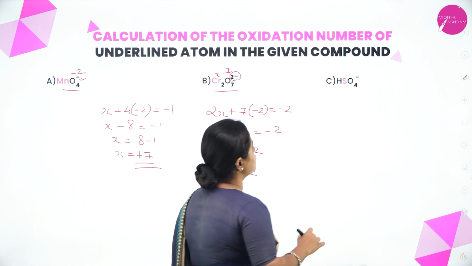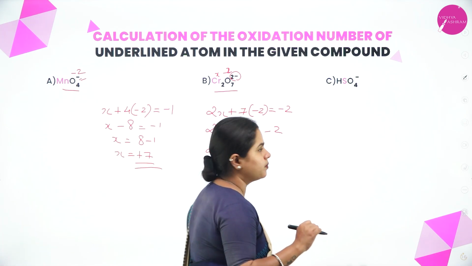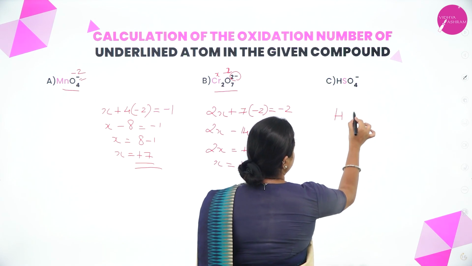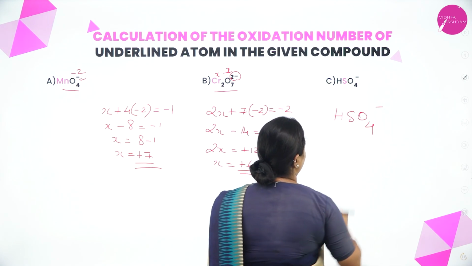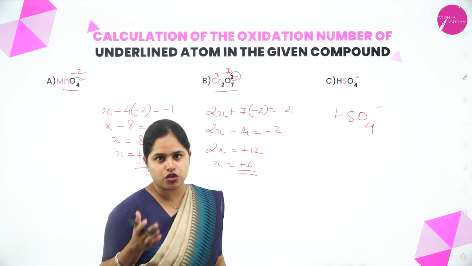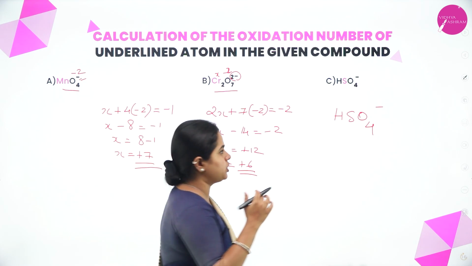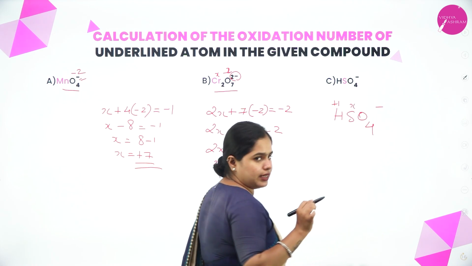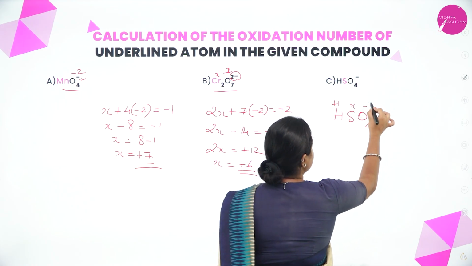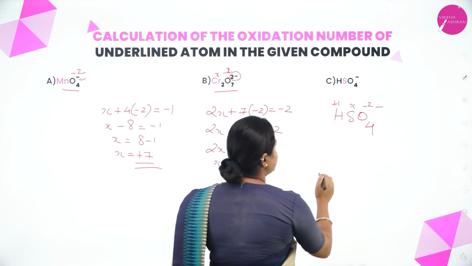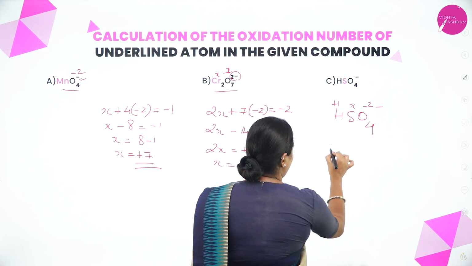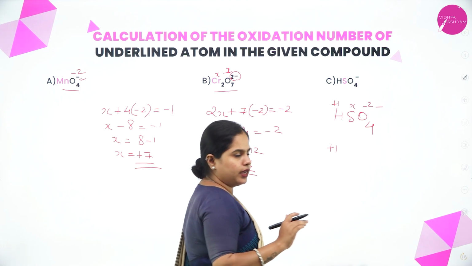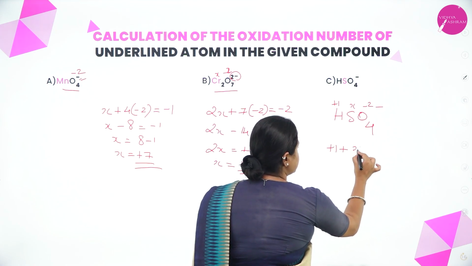Now moving on to the last one, that is HSO4 minus. In HSO4 minus, for hydrogen, as it is not a hydride, we already know the oxidation number. It is plus 1, right? Sulfur I don't know, so I take it as X, and for oxygen it is minus 2. So now let's add all this. For hydrogen it is 1, so we write plus 1. For sulfur it is X, only one atom.